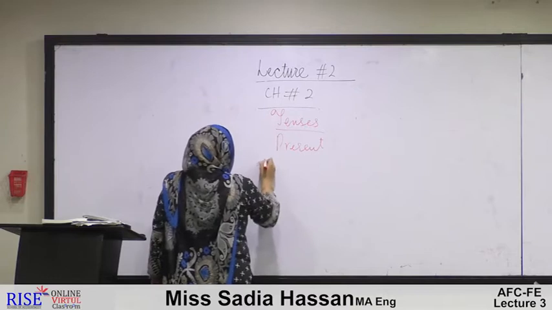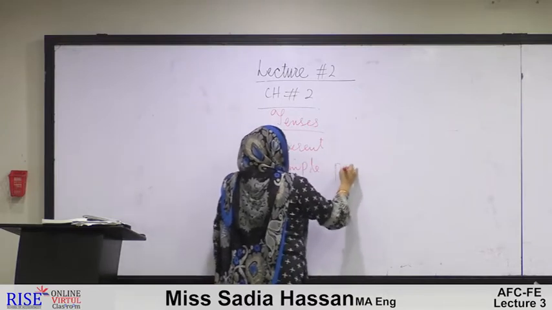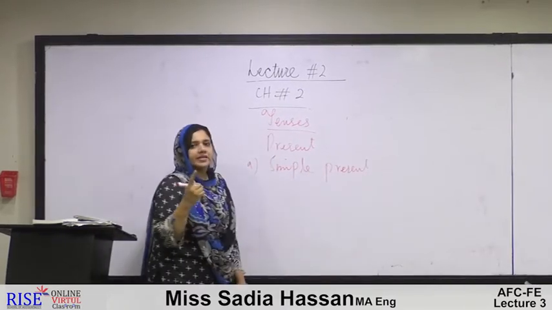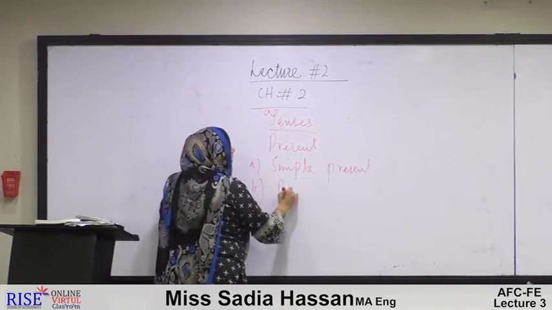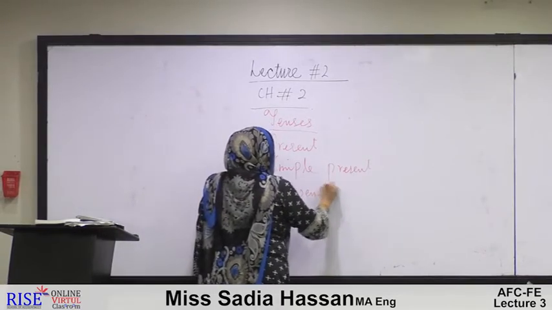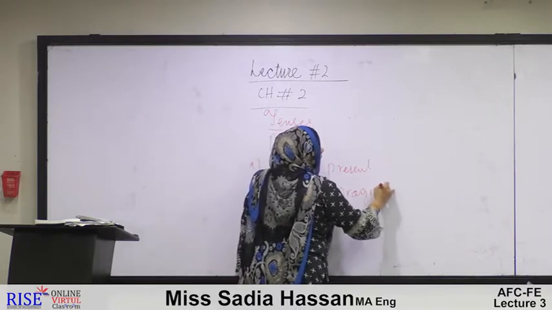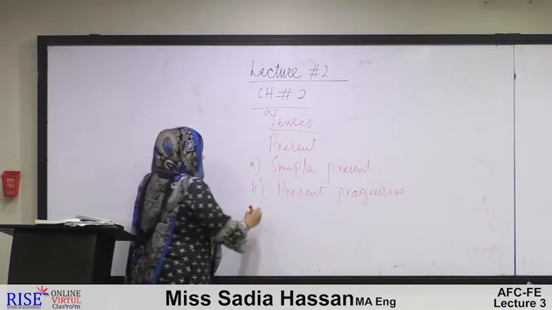The first is called simple present. Simple present is the new name given to the old name present indefinite. The second is called present progressive. Present progressive is the new name given to our old tense present continuous.